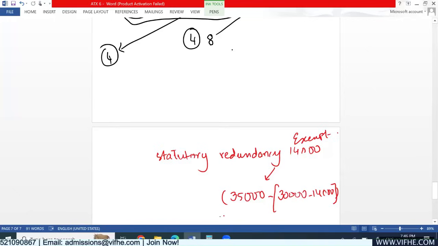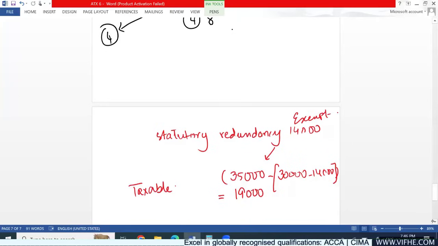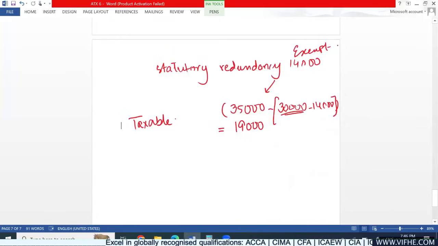Now we do have still £19,000 left, and it is said to be a taxable amount in respect of this termination payment. This is indicating towards the non-contractual payment, right? And now we have thoroughly used this limit of £30,000.